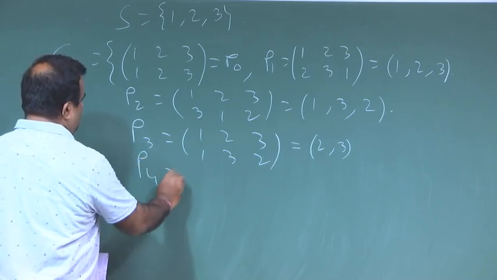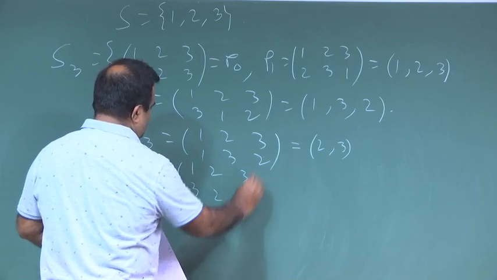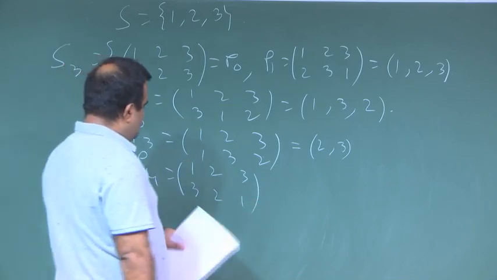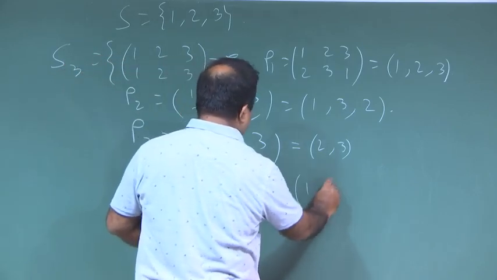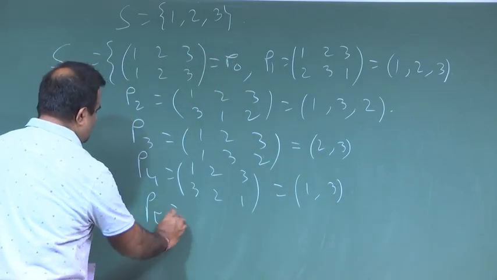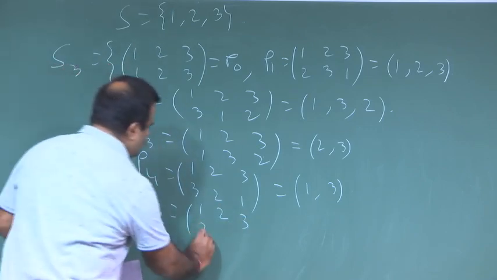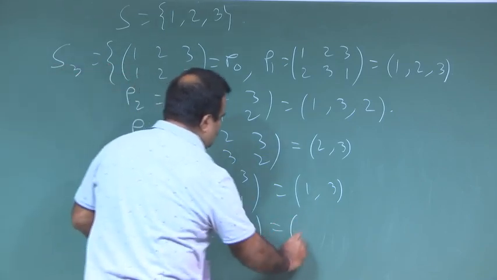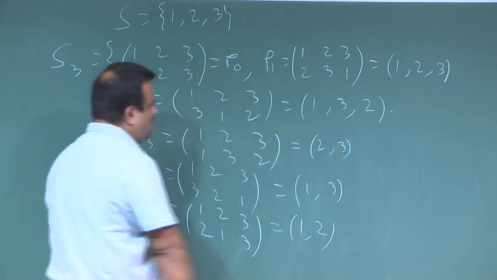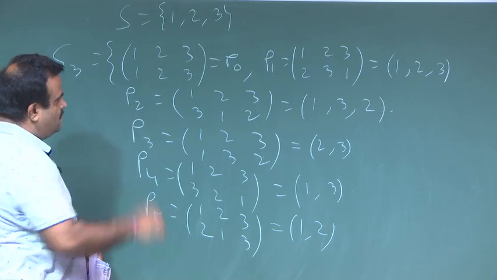Then P4 and P5: P4 is 1 2 3 over 3 2 1, that is, 1 is going to 3, 3 is going to 1, and P5 is 1 2 3 over 2 1 3. So, these three are odd permutations, and we have the identity permutation.